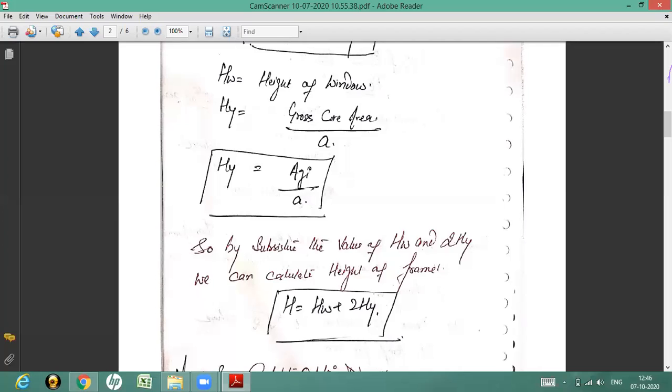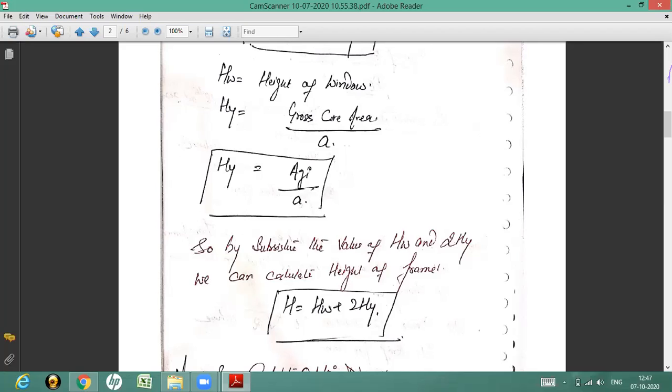And this A, when you substitute with your WW, you get the value of capital D, which is called the distance between the two core centers. When you substitute the value of D plus WW, you get the length of the frame.